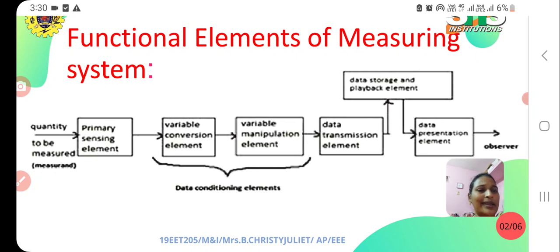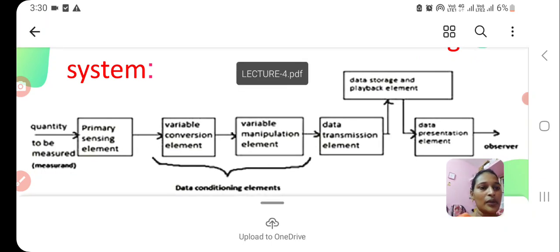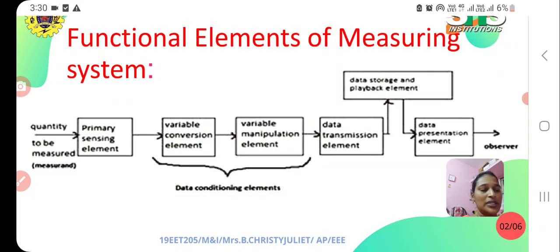We can directly connect the data transmission element to a data presentation element, but as I already said, electronic instruments nowadays come with backup, so they have data storage and playback components within them. The data transmission element will give the output to the data storage element, and from there we can retrieve the output.